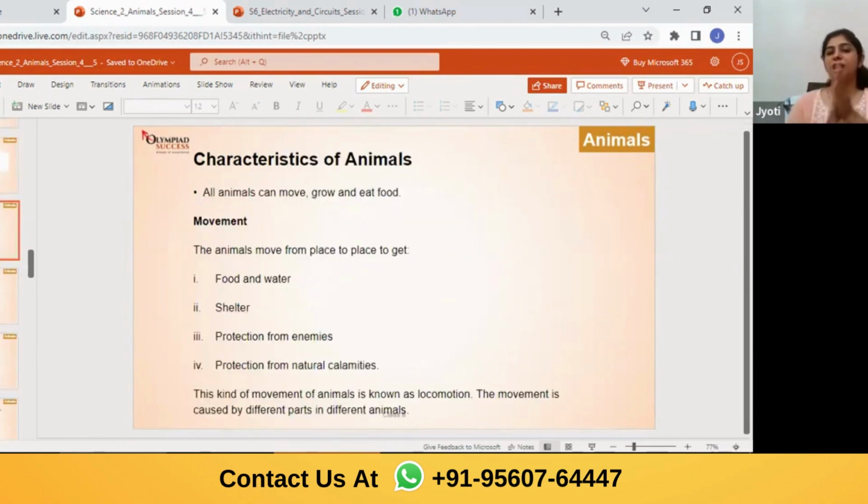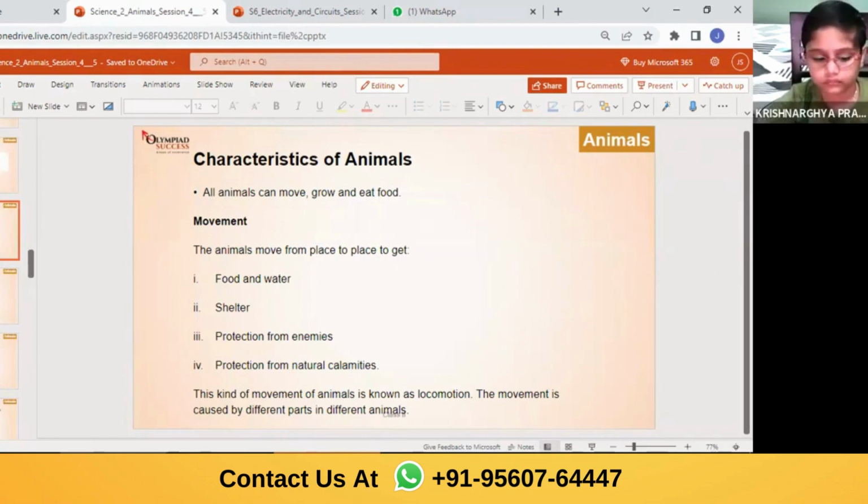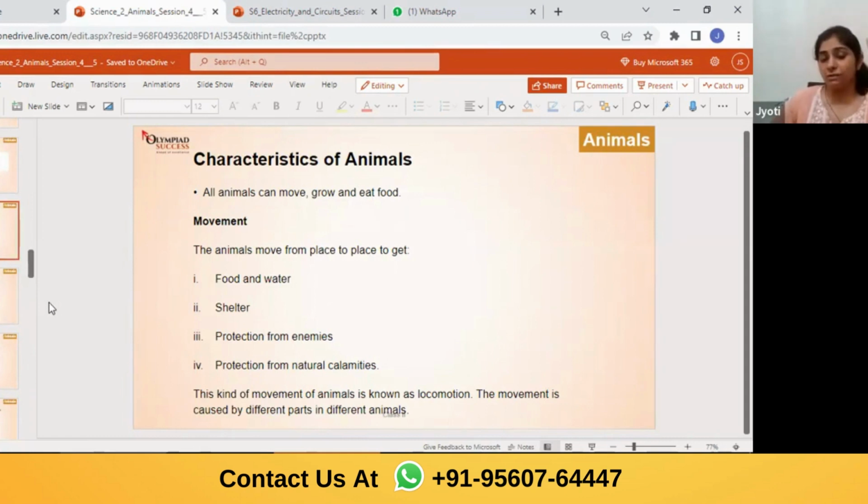After that, we have started with the characteristics of animals. So life cycles are completed. Now we have to do the characteristics of animals, which I also discussed in my previous class. Humans also come in the category of animals. We need to breathe, we eat, we move, we grow. These are all things human beings and animals do.